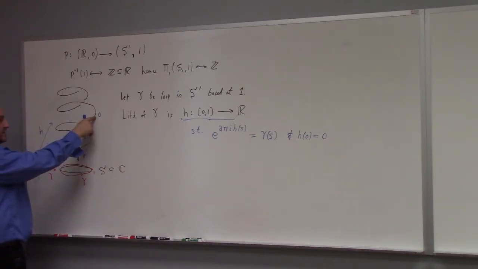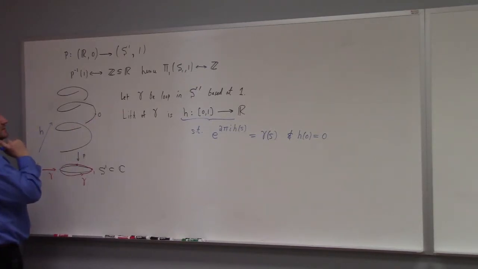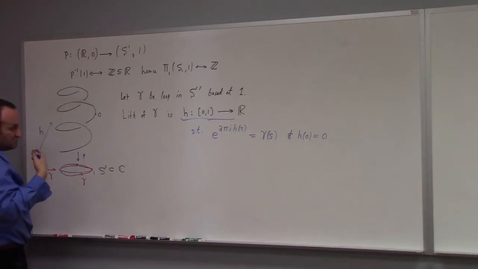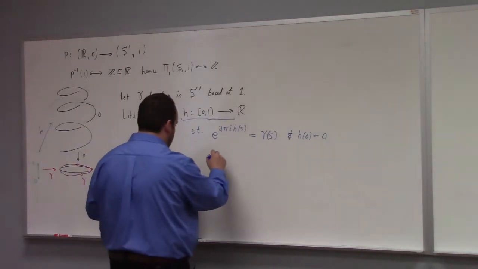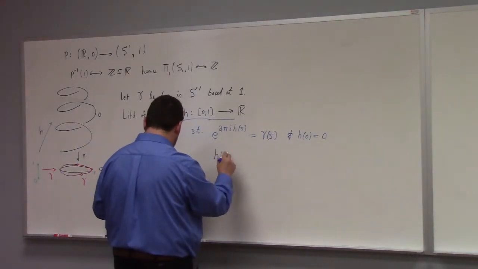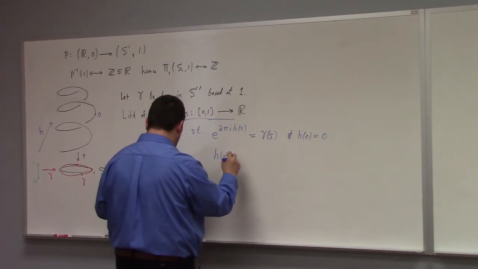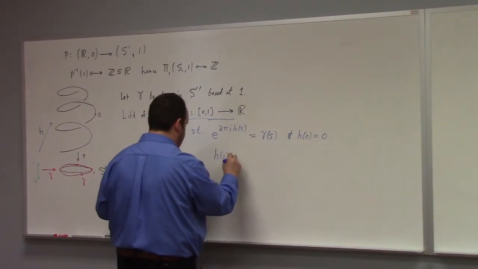And then what happens is, what does H do? It's a path up on the helix, right? It's a path in the covering space of the circle. And he says the terminal point, H of 1, is an integer.